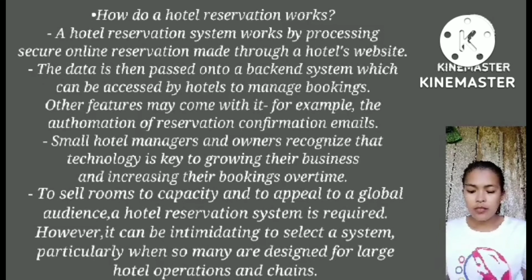Small hotel managers and owners recognize that technology is the key to growing business and increasing their bookings over time. To sell rooms to capacity and to appeal to a global audience, a hotel reservation system is required. However, it can be intimidating to select a system, particularly when so many are designed for large hotel operations and chains.